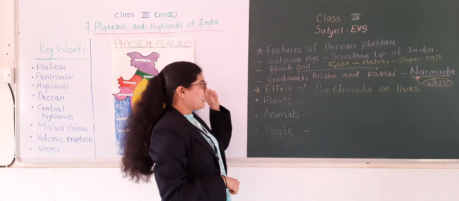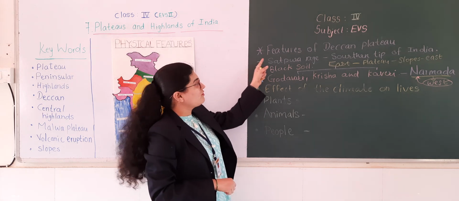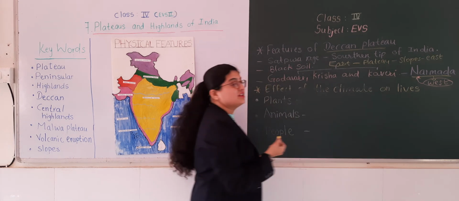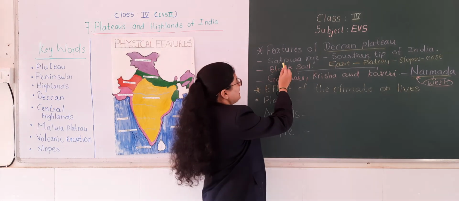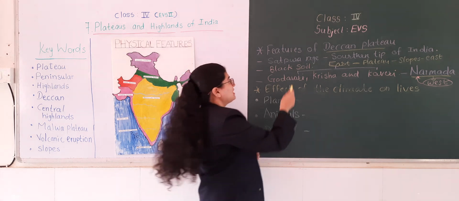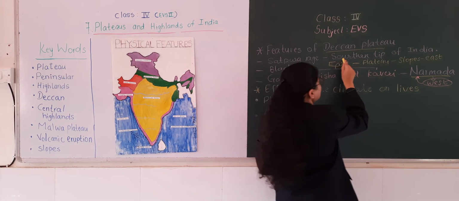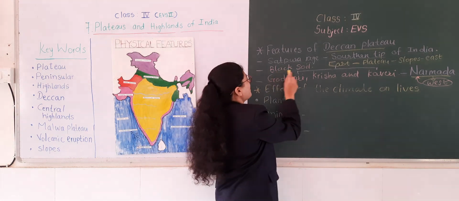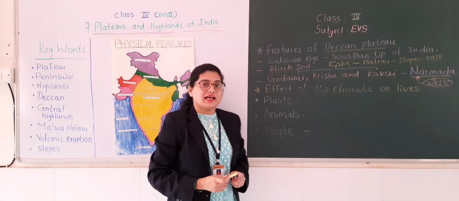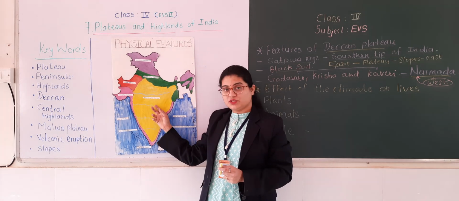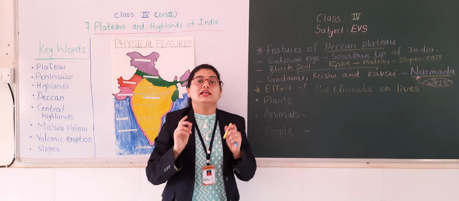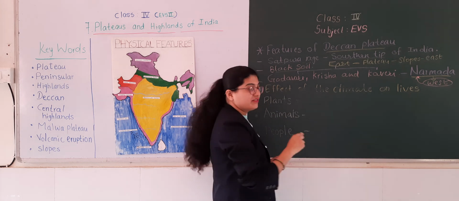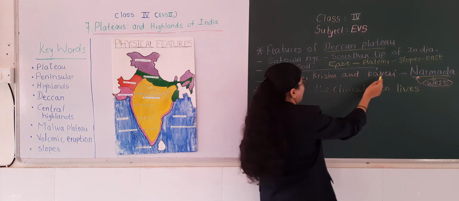Understood? We have seen the features of the Deccan Plateau. It starts from the Satpura range toward the southern tip of India. Then we also find black soil here, as this Peninsular Plateau region formed due to volcanic eruption. Then we have the rivers Godavari, Krishna and Kaveri.